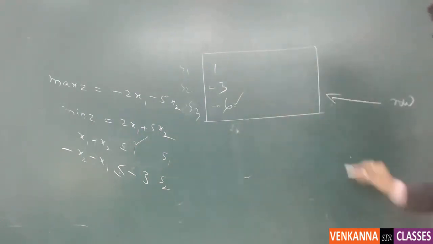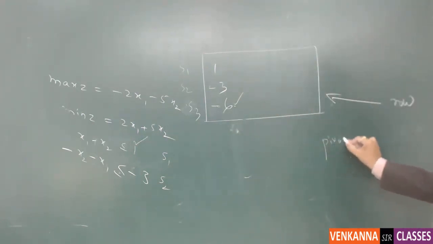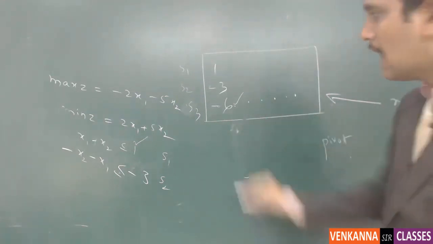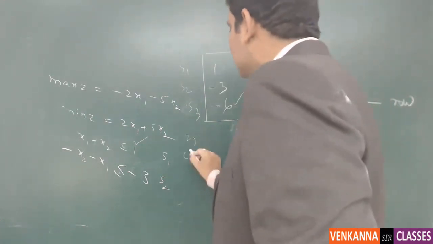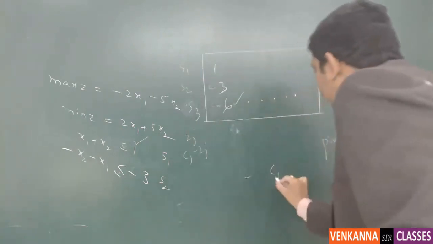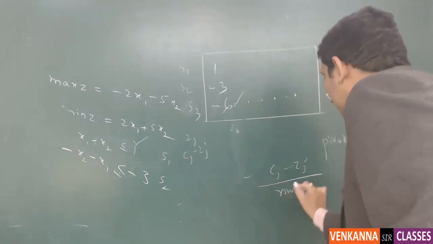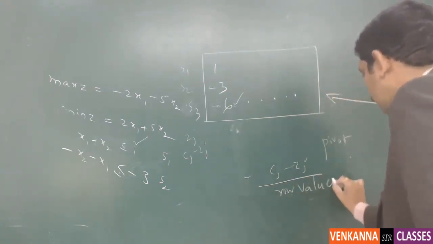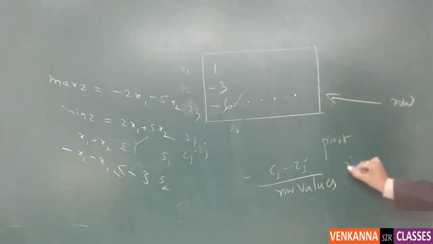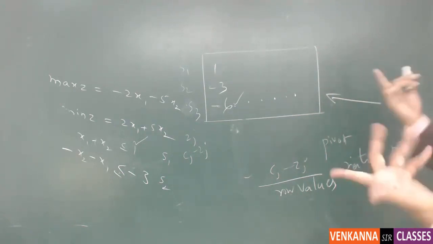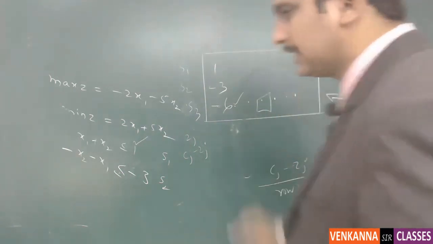To select the pivot element, I have the row values. After calculating Zj and Cj minus Zj, I divide the Cj minus Zj values by the row values, so you will get the ratio. I take the value where you have the minimum ratio, that is the pivot element. That's it.